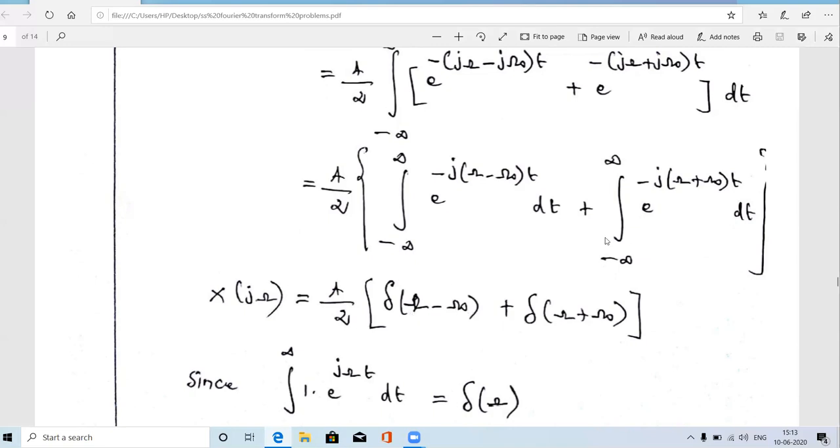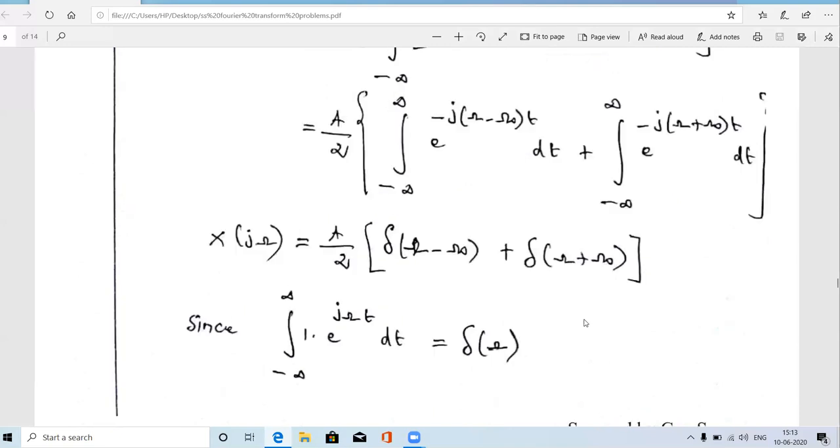Similarly, compare this integration with this standard formula. In the place of omega, we have omega plus omega naught, so the answer is del of omega plus omega naught. Therefore the Fourier transform of the cosine signal for the entire duration is a by 2 into del of omega minus omega naught plus del of omega plus omega naught.